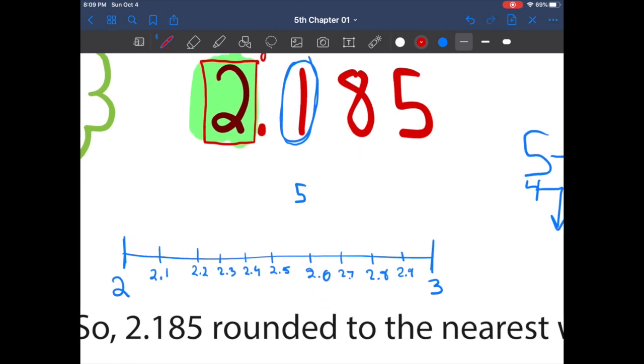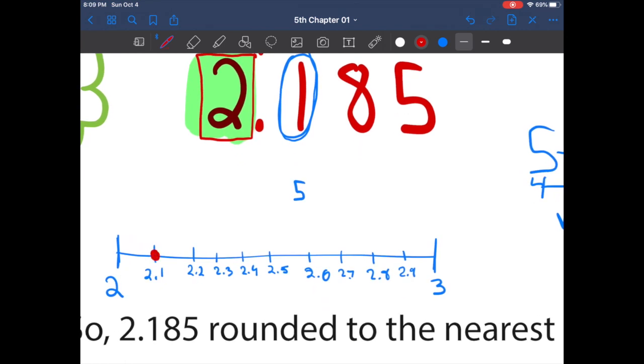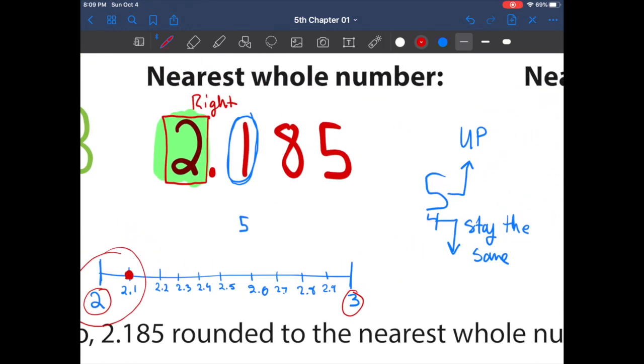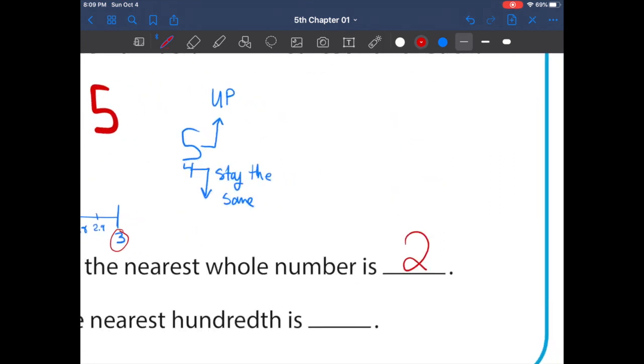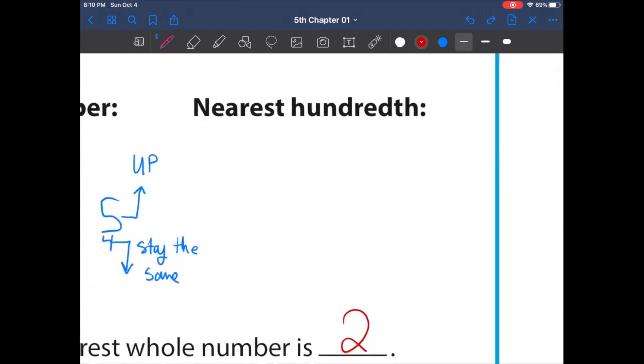Where would 2.1 be on this number line? Well, it would be right here. So ask yourself, is 2.1 closer to 2 or is it 3? Well, the closest number is 2, right? So that means when we round 2.185 to the nearest whole number, the answer will be just 2. Sometimes they might say 2.0, but sometimes they just say whole number. So 2 works, okay?